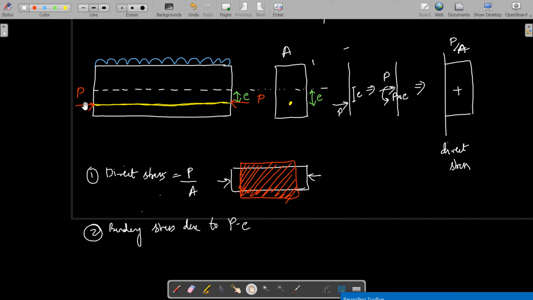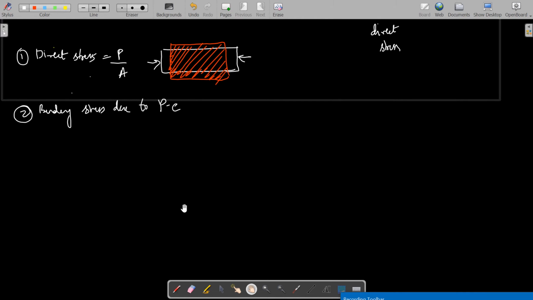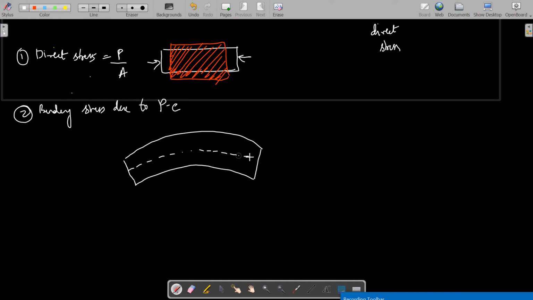The beam is going to bend in a way that hogging will happen, like this. Due to this, the compression will be at the bottom and tension will be at the top.